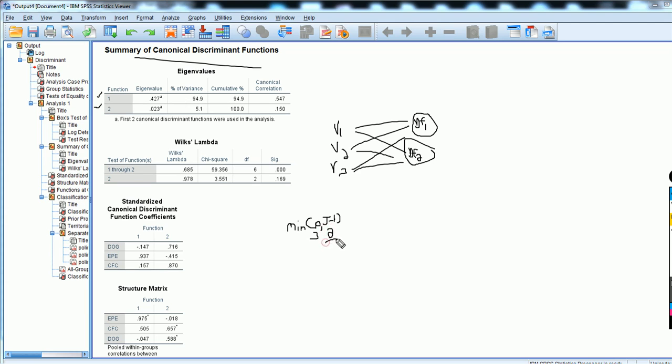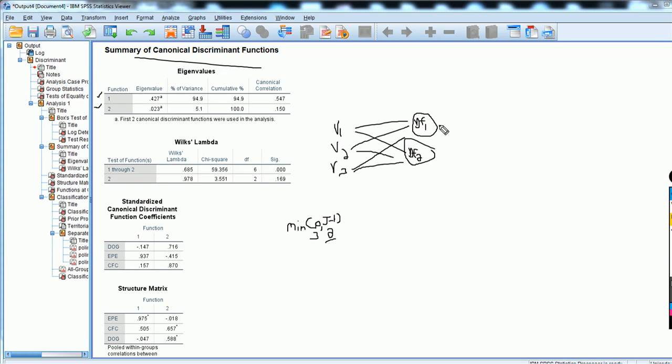So the number of discriminant functions derived equals 2, and that's what we have. In our previous example in video 1, we had 2 groups, so 2 minus 1 is 1. In that case, we had 1 discriminant function. But in this case, we have 2 discriminant functions derived from our set of predictors.